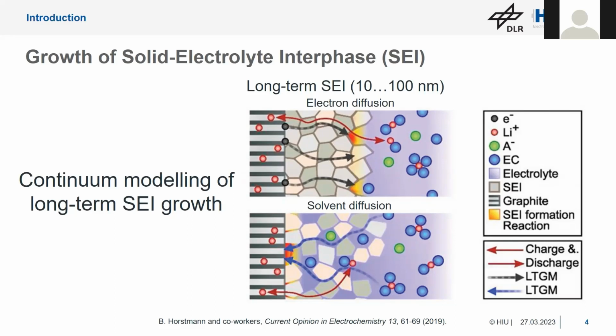And then we would have new SEI formed below the SEI at the electrode-SEI interface. So this would be some root growth, some bottom growth of the SEI. So I would distinguish between these two mechanisms: either electrons go through the SEI, then the SEI grows on top, or solvent goes through the SEI, and then the SEI grows from the bottom.